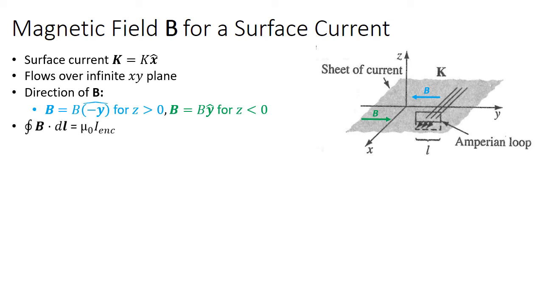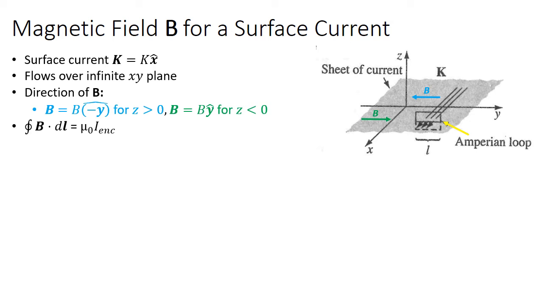In order for us to calculate the circulation, we need to draw an Amperian loop. And we choose to put the Amperian loop into the yz plane so that it is perpendicular to the flow of current.